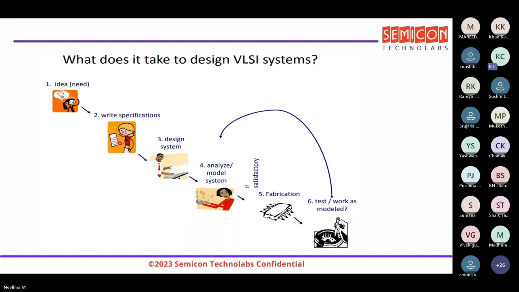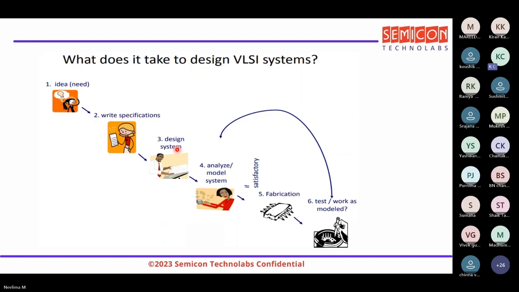So the second step is to write specifications, where you are mapping your idea into specifications. And once you have this technical content, these very top level specifications are mapped into a design system.